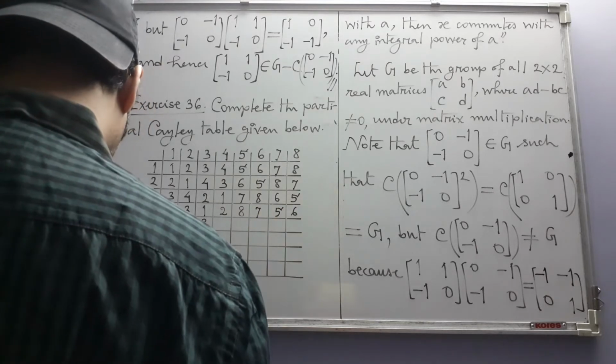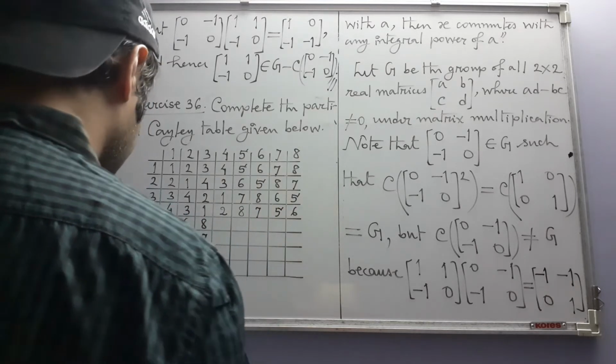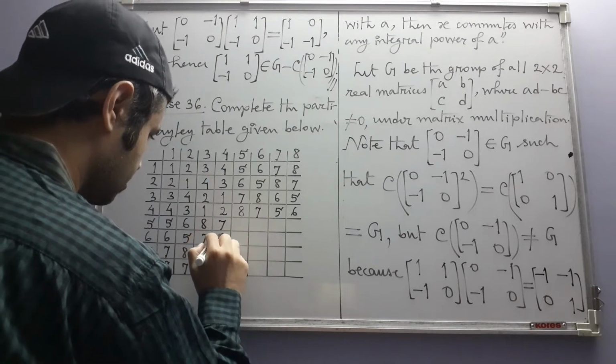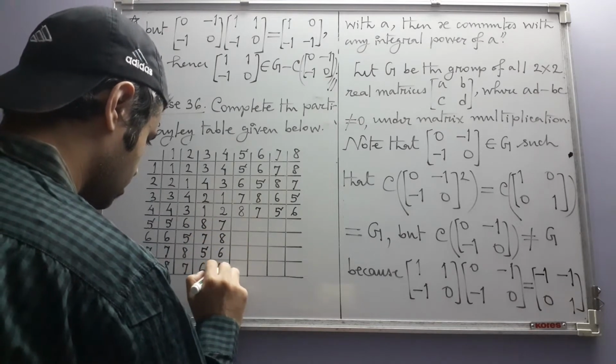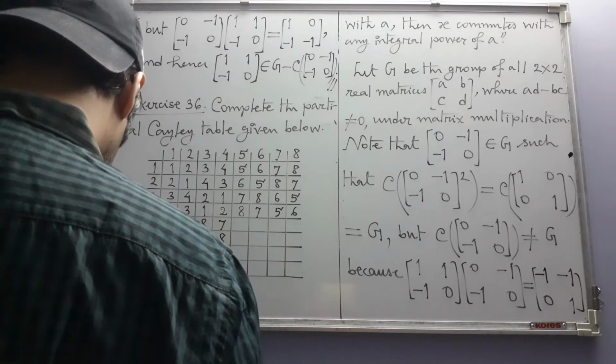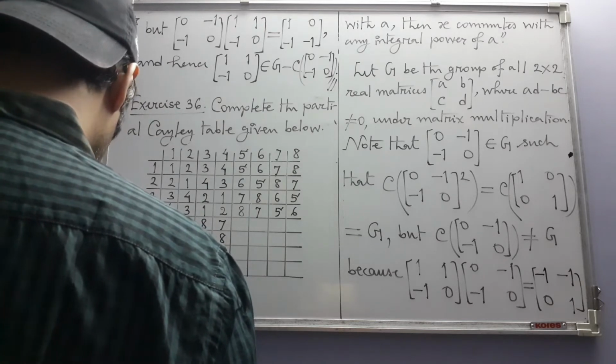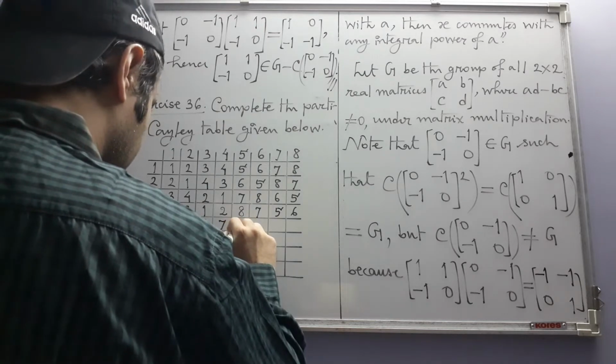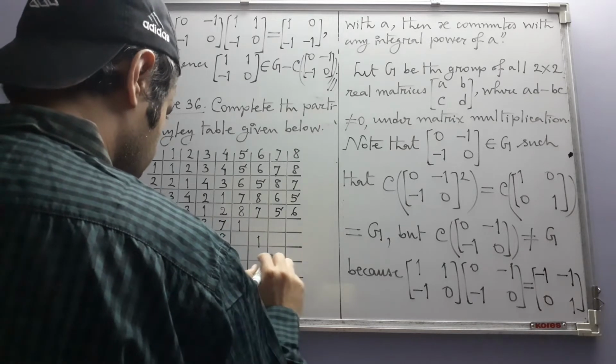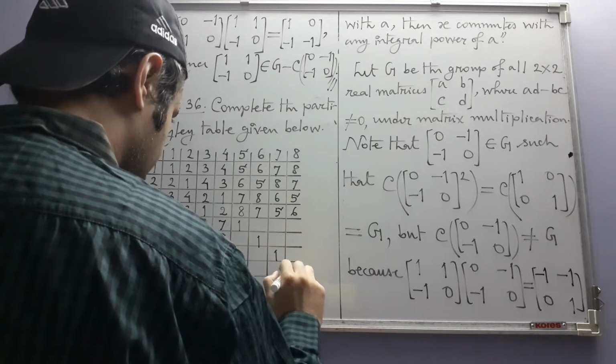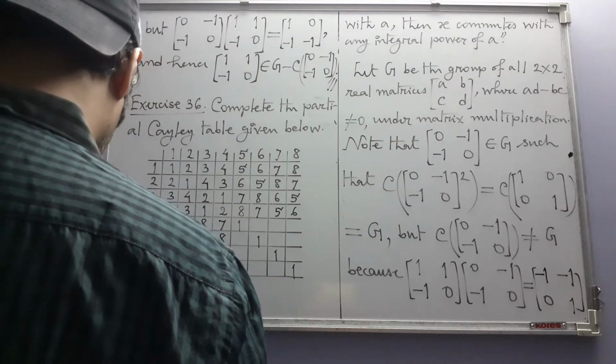Okay, 7 8 6 5. Then these diagonal entries are all 1.